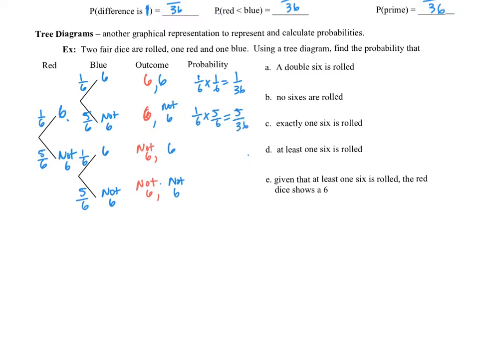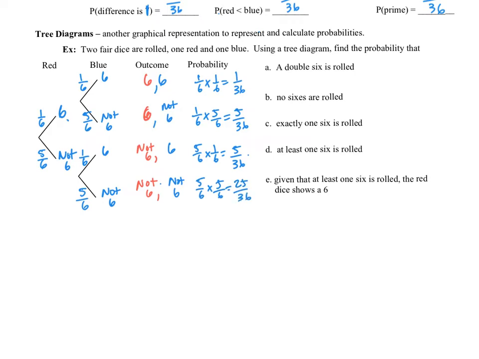A red not 6 and a blue 6 would be 5/6 times 1/6, which is 5 out of 36. And last but not least, the probability of getting both not 6 would be 5/6 times 5/6, which is 25 out of 36.